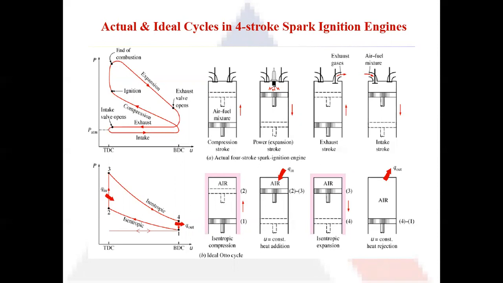So for airflow from inside the combustion chamber towards the atmosphere, we require higher pressure. That is why the exhaust line is above the atmospheric pressure line. So these are the basic differences between your ideal 4-stroke petrol engine cycle PV diagram and the actual PV diagram of a 4-stroke petrol engine.